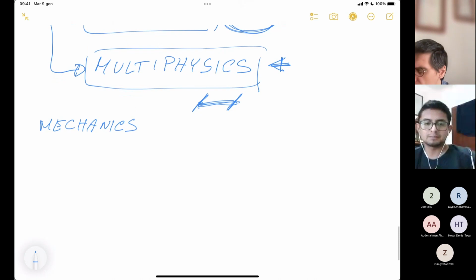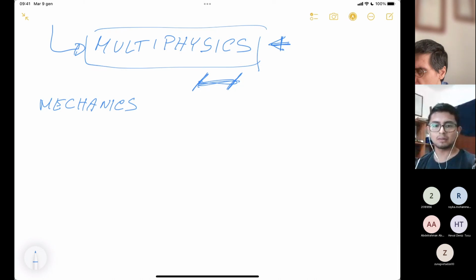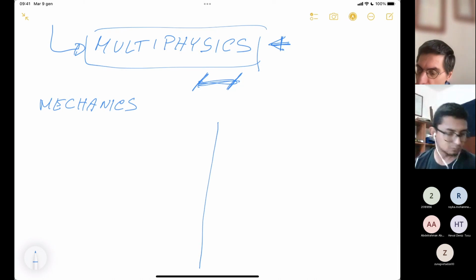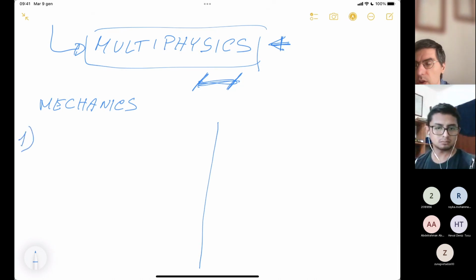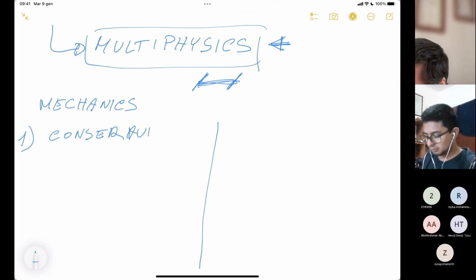And maybe you already saw this kind of point of view. One possibility is considering as a fundamental hypothesis the fact that your body is governed by the conservation of energy.